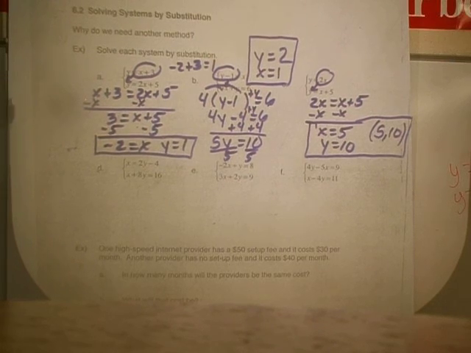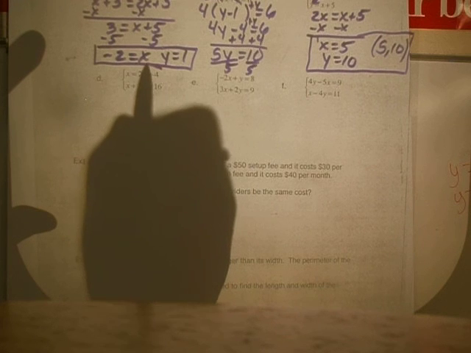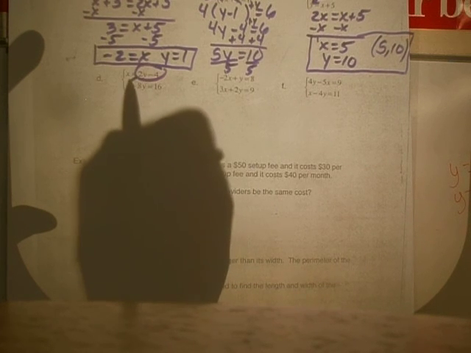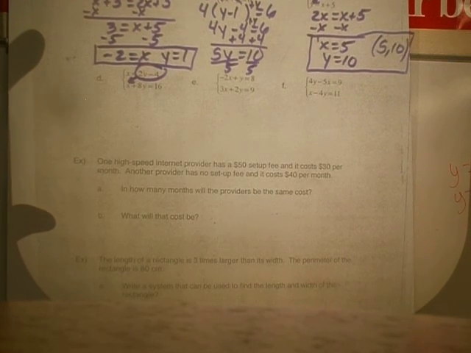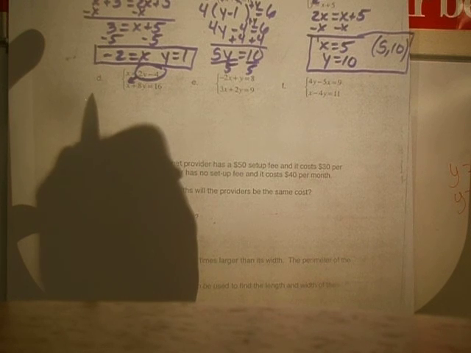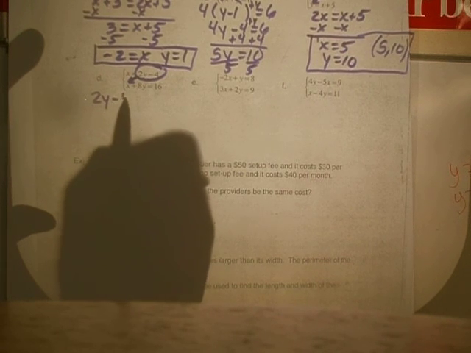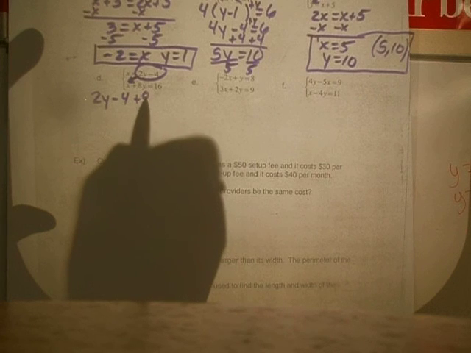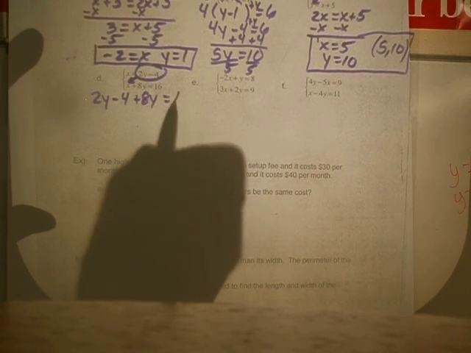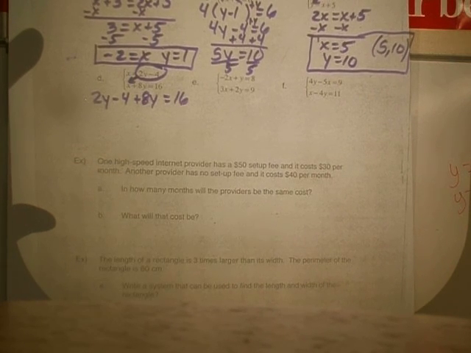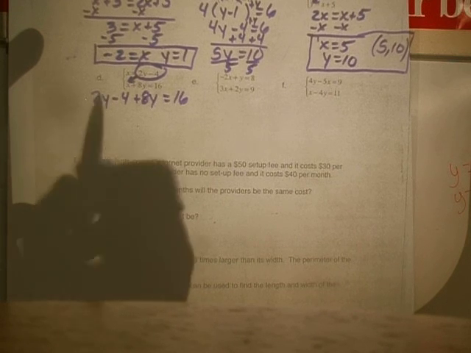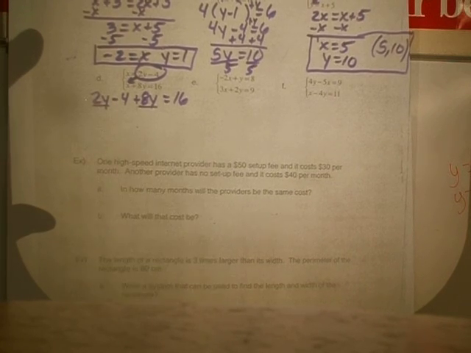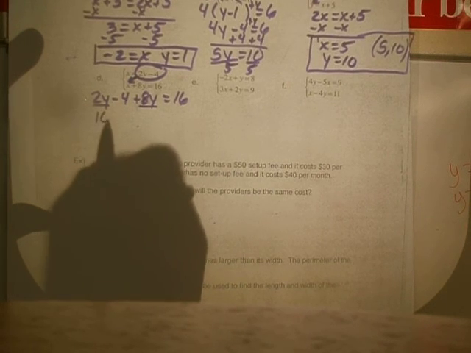Okay. Letter D. We have an x equals, so we're going to take this and put it in place of the x, and we will have 2y minus 4 plus 8y equals 16. Simplifying this, or combining like terms, 2y plus 8y is 10y.